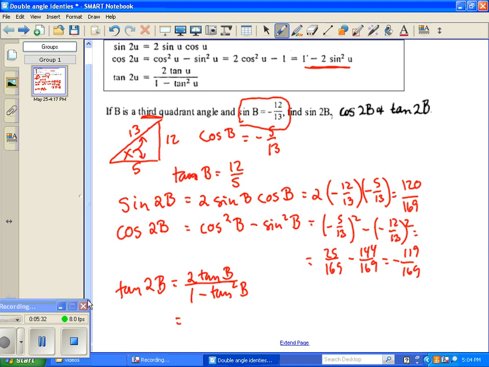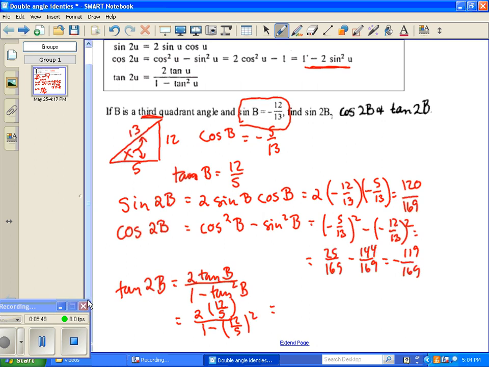So this is equal to 2 times 12 over 5 over 1 minus 12 over 5 squared.